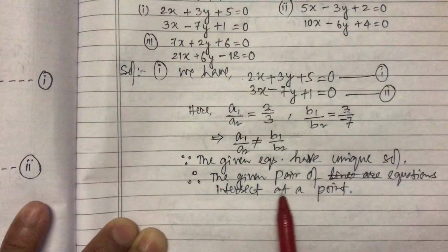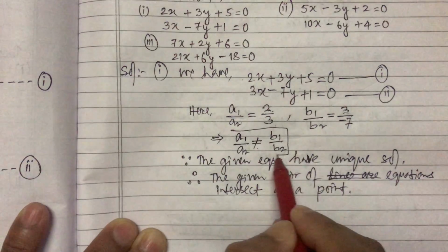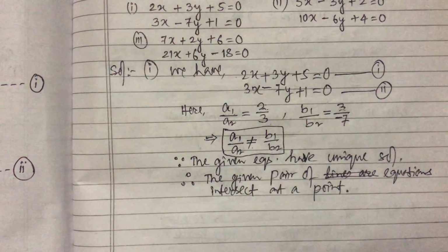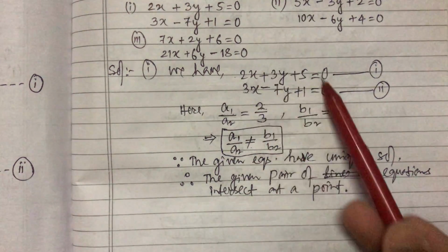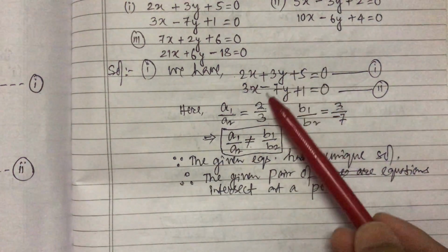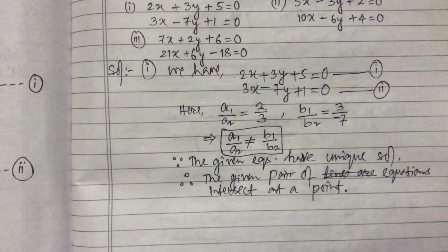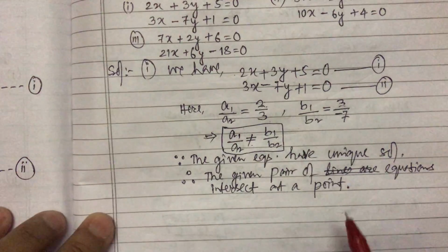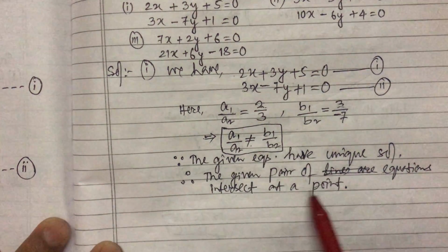We found that the condition was for a unique solution, and a unique solution means intersecting, so the lines are intersecting. This is how I can easily conclude that these equations will intersect each other. If I plot the graph, I'll find intersecting lines. So this is what the question was asking. I don't need to go further because here I got what they wanted us to find out. Okay, so number one is done.